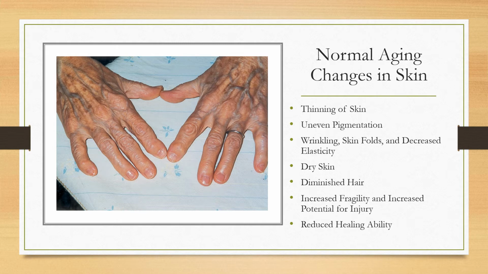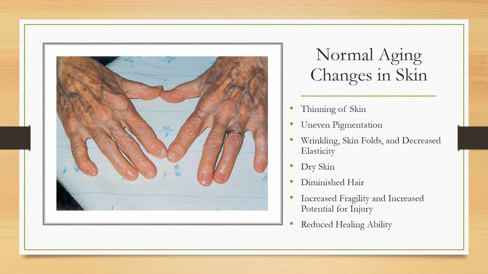The skin is much more fragile and thin. Older patients get skin tears all the time from minor injury. They scrape their arm on the side of a door, and suddenly they've got this huge skin tear that's folded over on itself that needs to be put back together. Okay, so very, very thin skin and fragile.